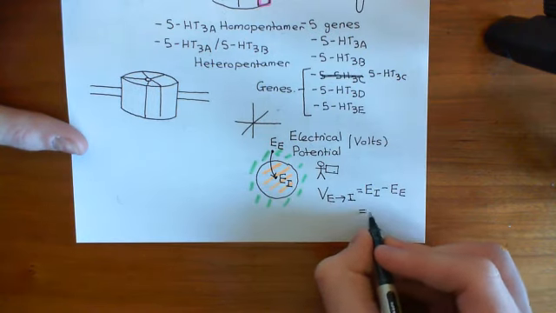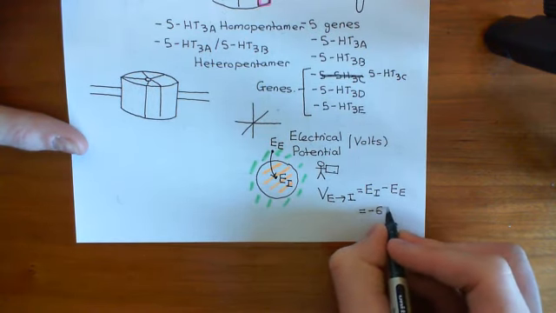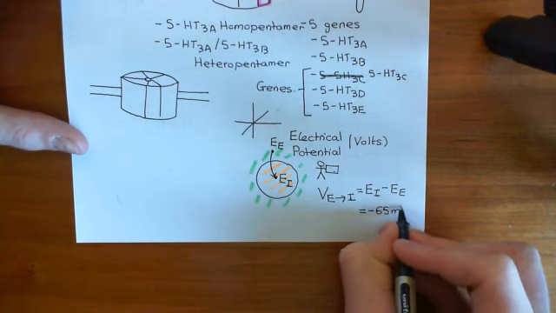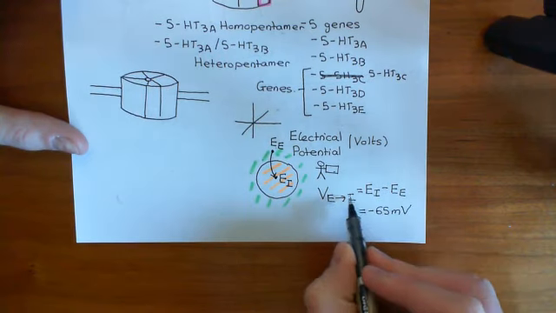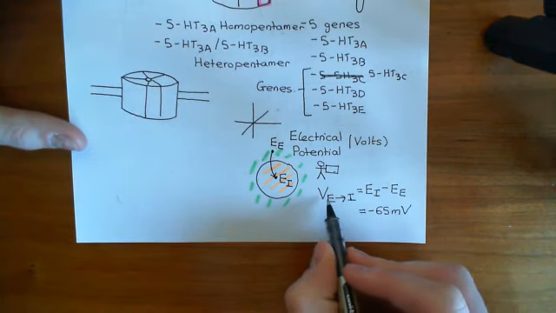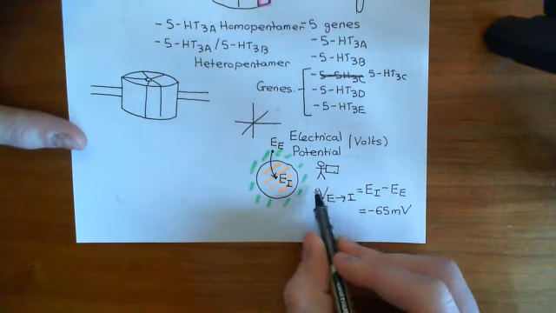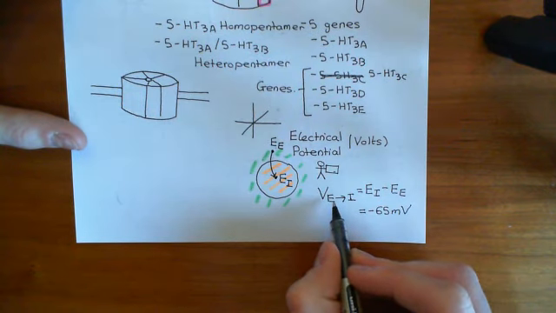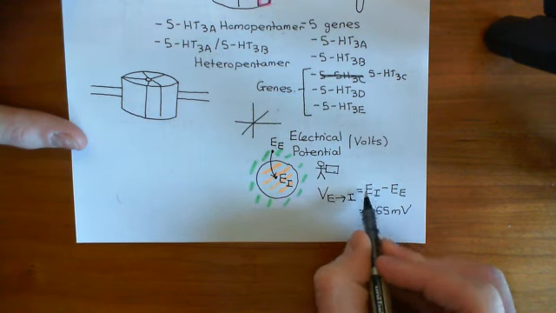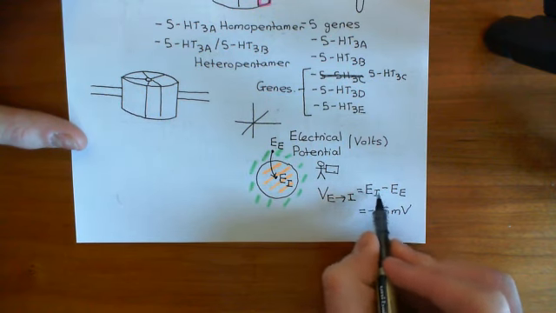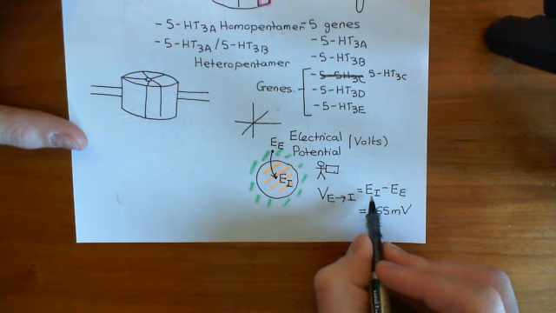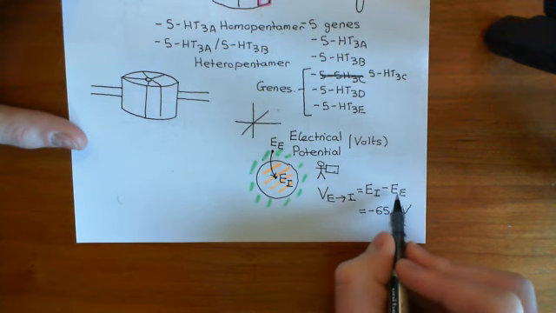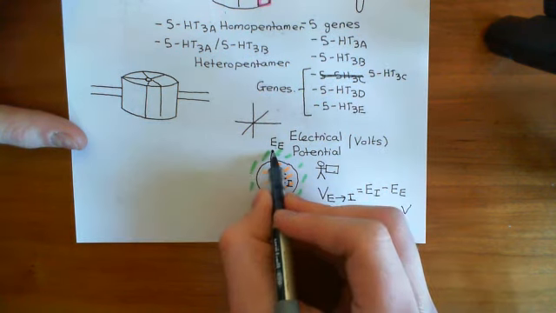Now, usually this is kept at a value of around negative 65 millivolts. Firstly, let me just discuss the fact that the electrical potential difference will have the same units as electrical potential, because we're just taking one electrical potential, the electrical potential intracellularly, and subtracting off another, the electrical potential extracellularly.